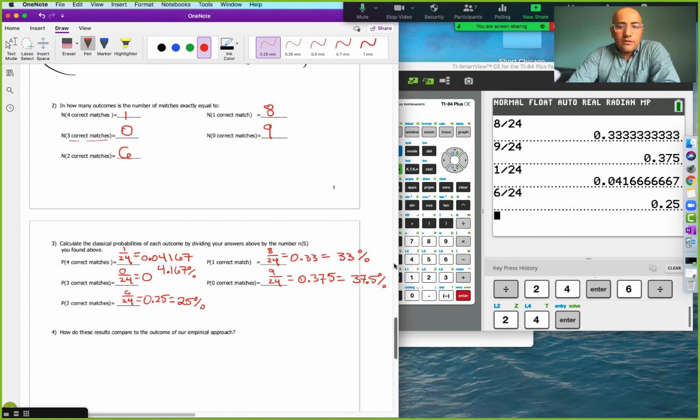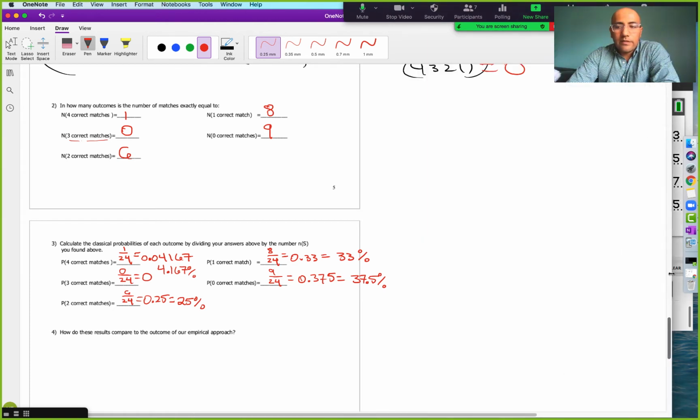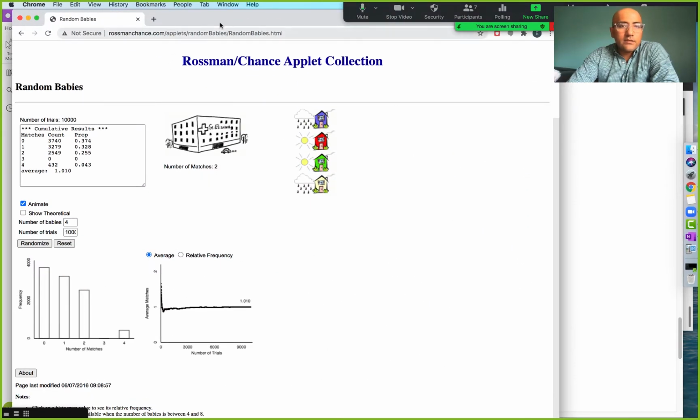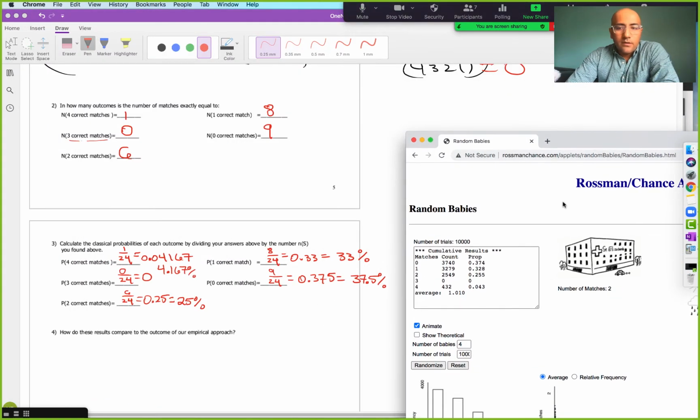Good. So these are the classical probabilities, also called the theoretical probabilities. These are the actual probabilities, the exact answers. And how do they match with our empirical probabilities? According to the empirical probability, we repeated this 10,000 times, and we saw that 0 matches occurred 3,740 times.